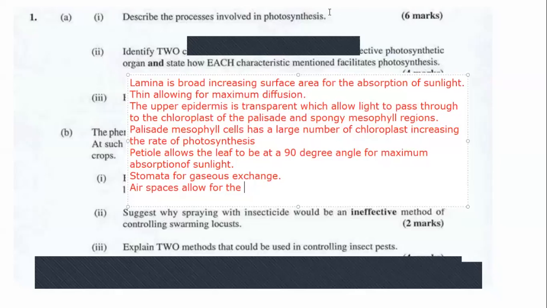This person. Airspace is allowed for what? Carbon dioxide to diffuse into the cells. Movement of gases in and out of the cells.